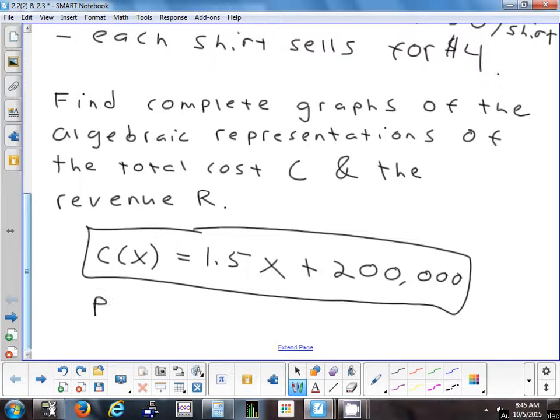And the revenue. We'll call that function R. What's the revenue here? That's just how much money they take in. $4. Yeah, they take in $4 per shirt. Now that's not necessarily the profit. That would have to take into account cost. But the revenue is just how much money they take in. $4 a shirt.